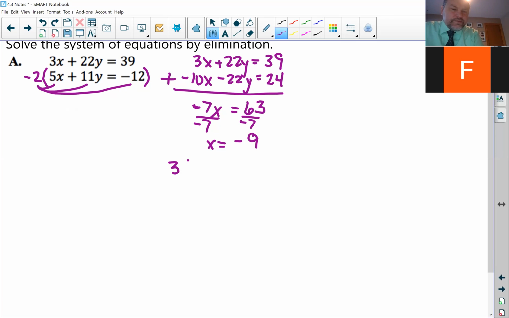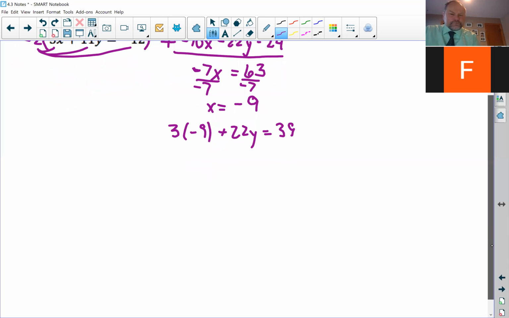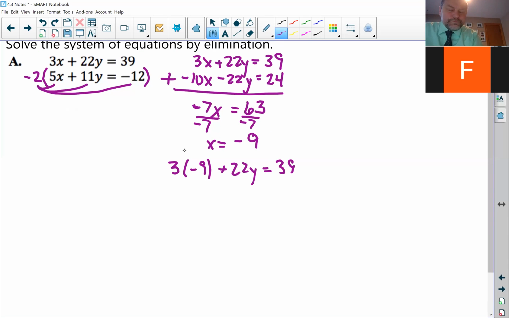3 times -9 plus 22y equals 39. So negative 27 plus 22y equals 39.